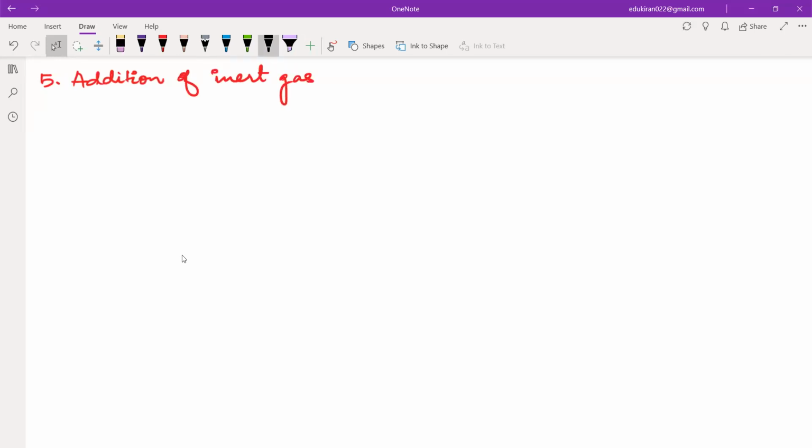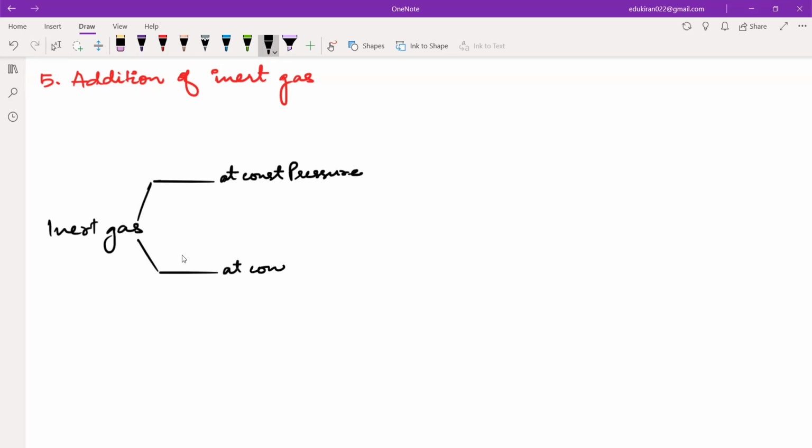You can add inert gas at constant pressure or at constant volume.